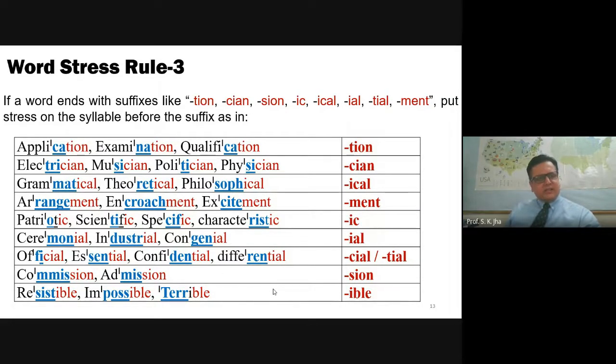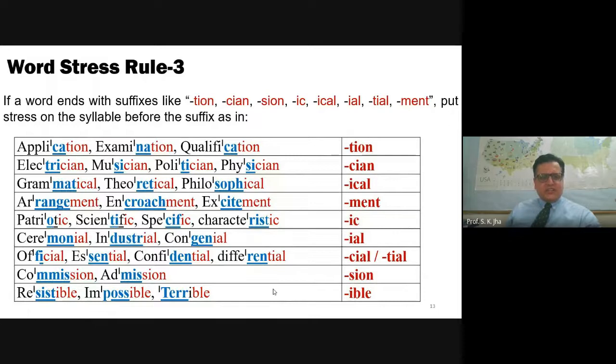Then with cian: electrician, musician, politician, physician. Then ical: grammatical, theoretical, philosophical. Ment: arrangement, encroachment, excitement. Ic: patriotic, scientific, specific, characteristic.